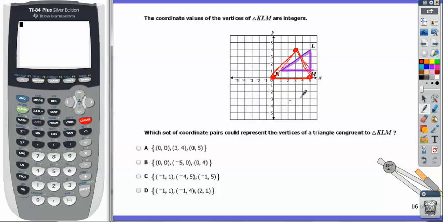I don't think they look the same at all. But what I'm looking for, and this is what I notice, I notice that I have some up and down measurements.